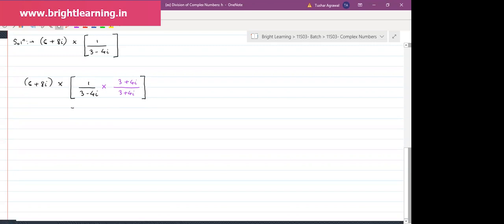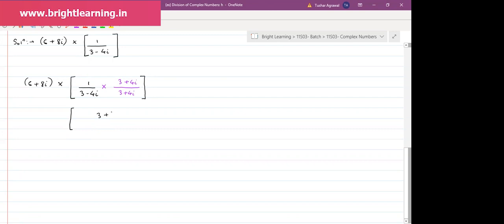Here, for the second complex number, the numerator becomes 3 plus 4i, and the denominator is actually nothing but 3 square plus 4 square.